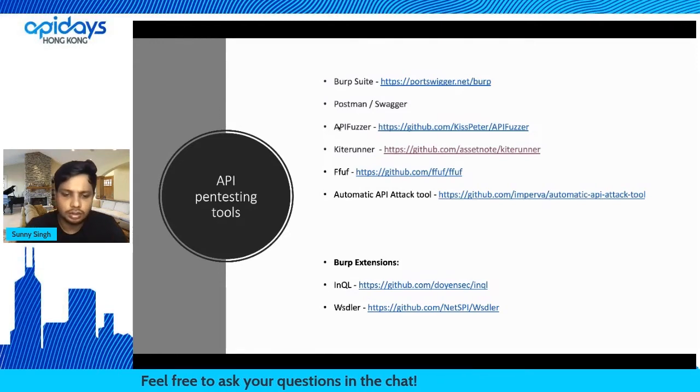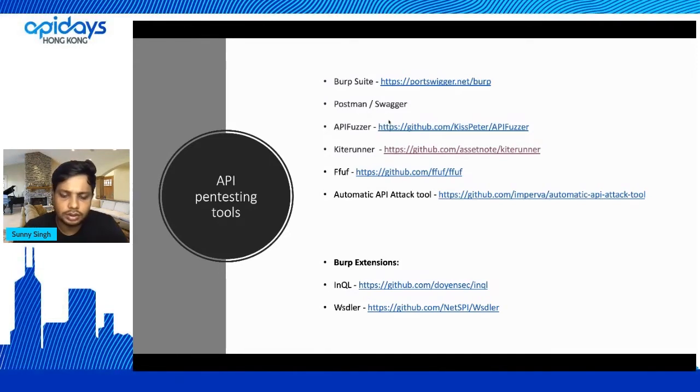Apart from that, there are extensions that can be used with Burp Suite, like InQL and WSDLer, which will help you. InQL is going to help you with GraphQL APIs, and WSDLer is going to help you with importing the WSDL file in Burp directly and start playing with the request and response, right?